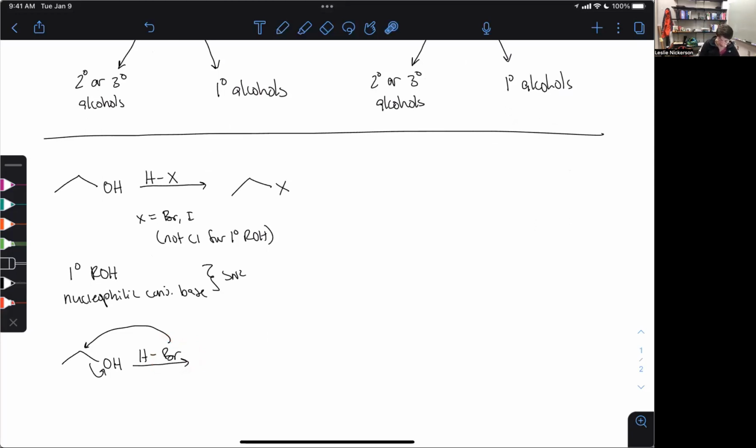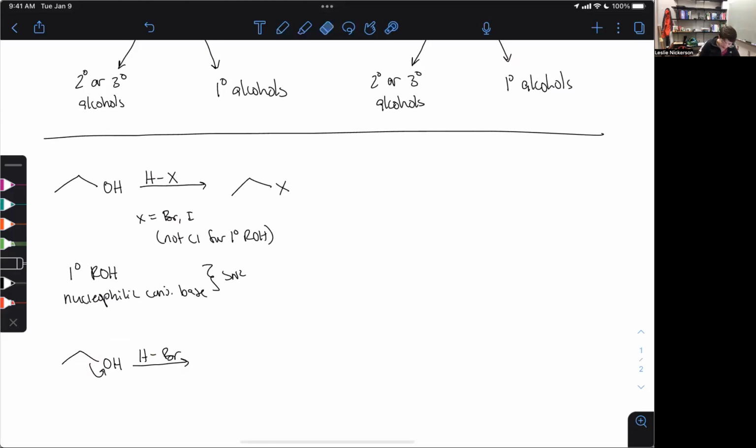The other problem with that is that this OH is a really bad leaving group, particularly in highly acidic conditions. Because basically you're trying to say, get out you base, like strong base, right? OH minus is a strong base. You're trying to kick a base out into a highly acidic solution. That's not going to happen.